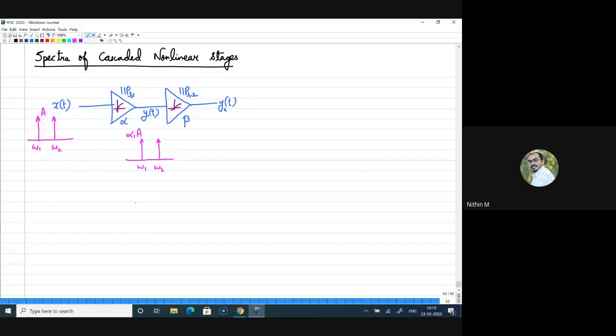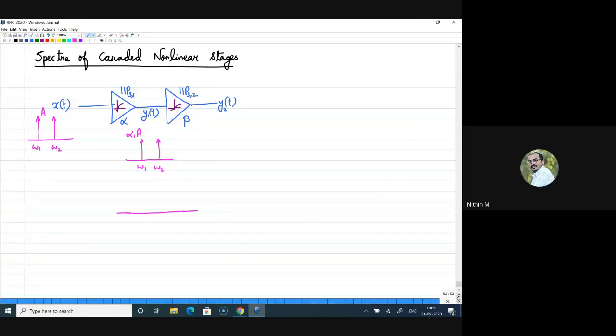Now, along with that, I need to consider the intermodulation terms coming at the output of the first stage. We know that they will be at some other frequencies too, but we are not going to consider the sum frequencies because they are far away from the desired component.